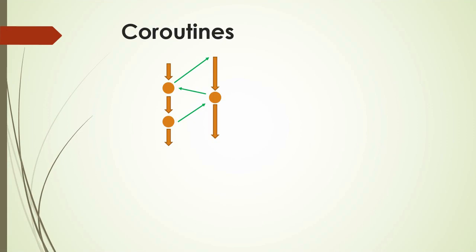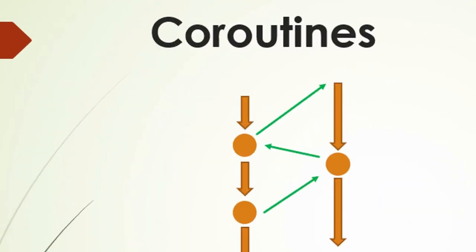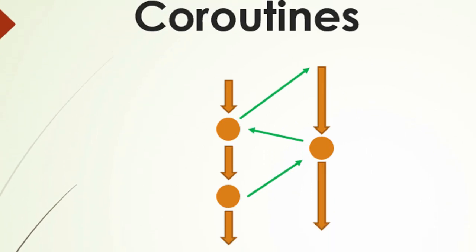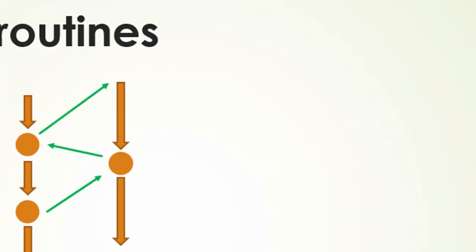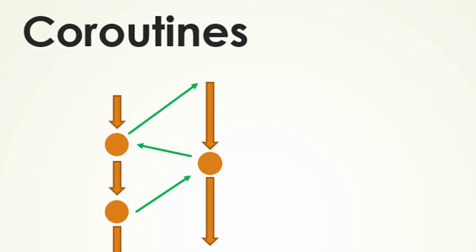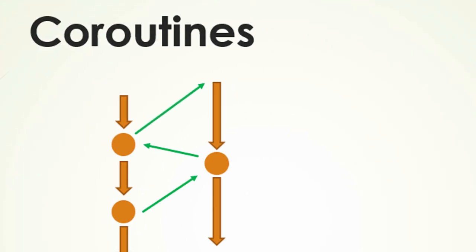Now here again, if this is executing and it gets a long term task, it creates another coroutine for this, and it starts from this start here. And when it finishes, it directly sends back to this same coroutine and starts from there.